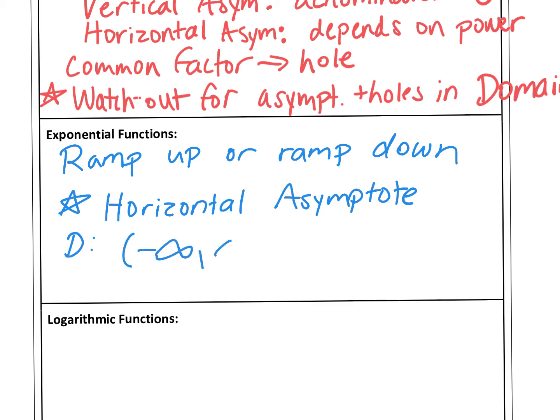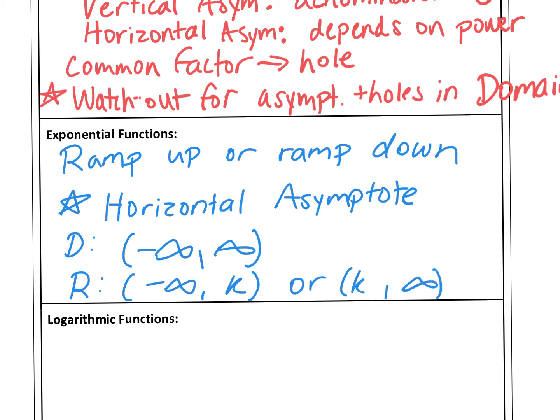You got it, negative infinity, positive infinity. We're on left and right forever. And then the range on these, it was not negative infinity, positive infinity, but instead, yep, negative infinity to k or k to infinity.